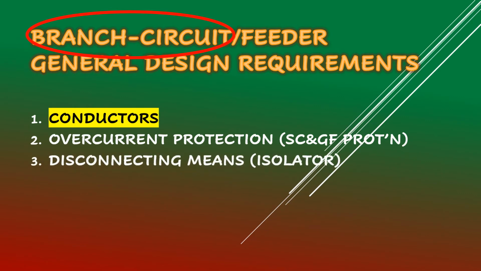Number three, disconnecting means or isolator. In many cases we have to consider the disconnecting means or an isolator. Is it required or not required? It depends on the requirement of the installation.